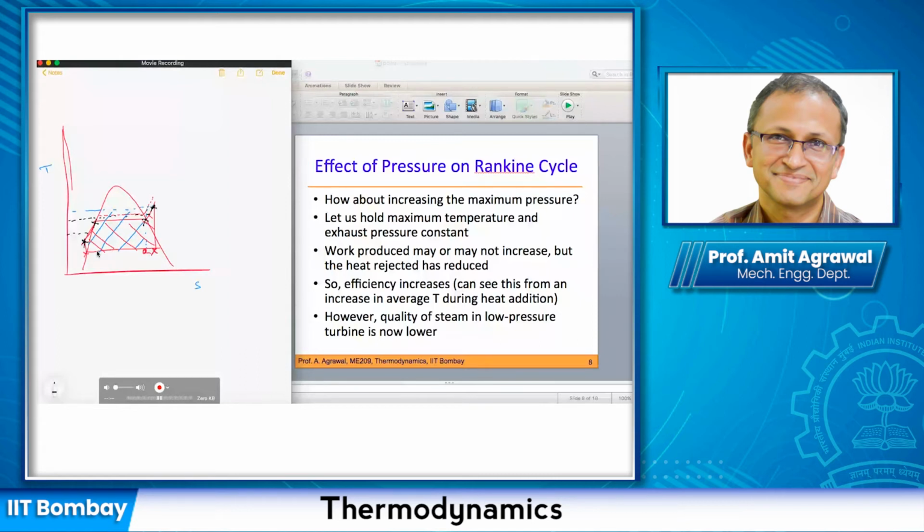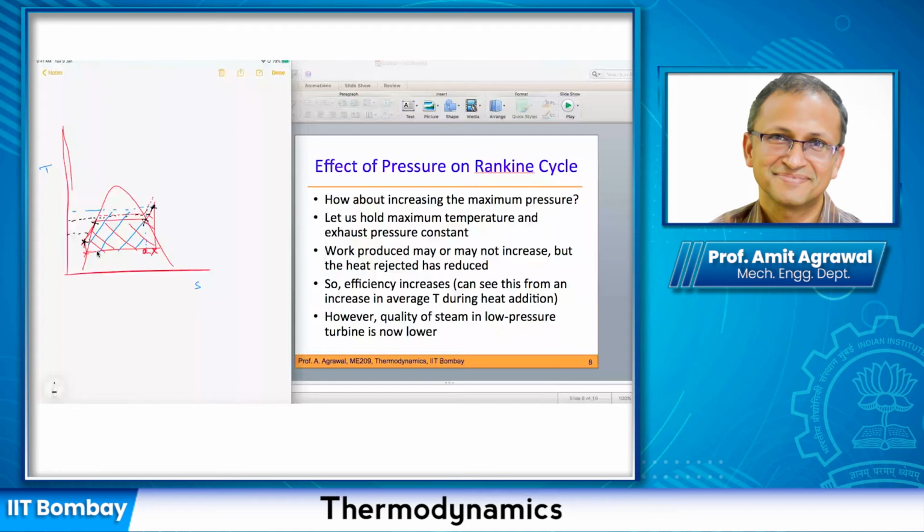We are looking at the amount of work which has been done in the cycle, and the amount of heat which needs to be rejected in the cycle. So we are looking at W upon QH actually. Of course you'll have to write it out in terms of QL. So we are saying that the amount of heat which has been rejected is lower, but the work done is the same.